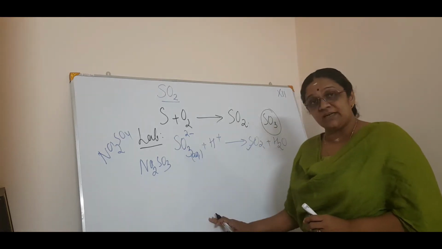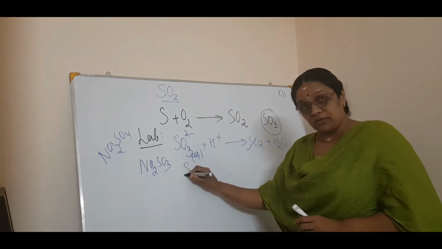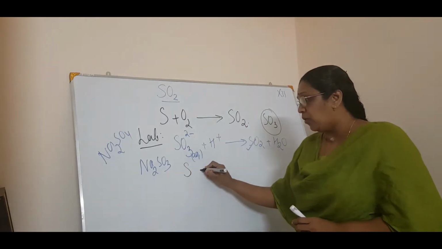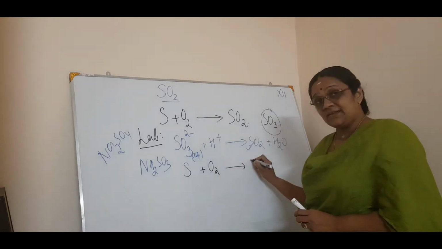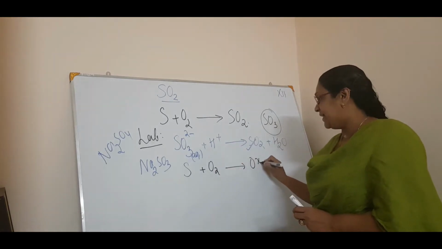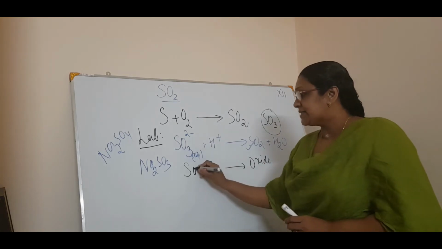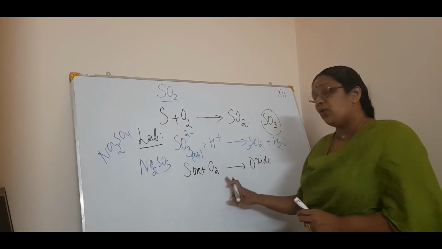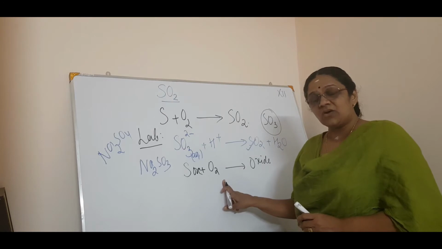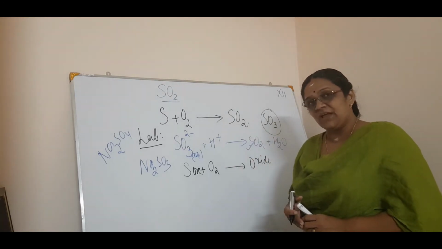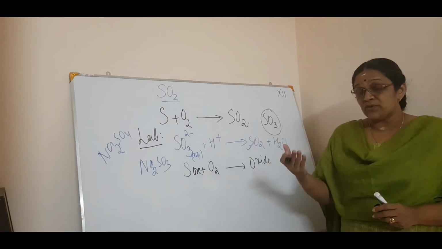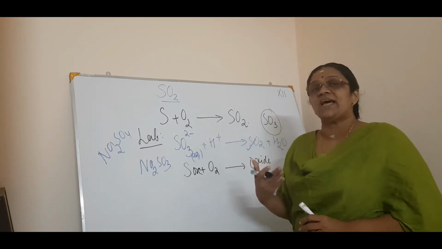What is the roasting method? The sulfide ore is converted into its oxide ore by roasting. Roasting means strong heating in the presence of air. We have studied two processes, calcination as well as roasting.